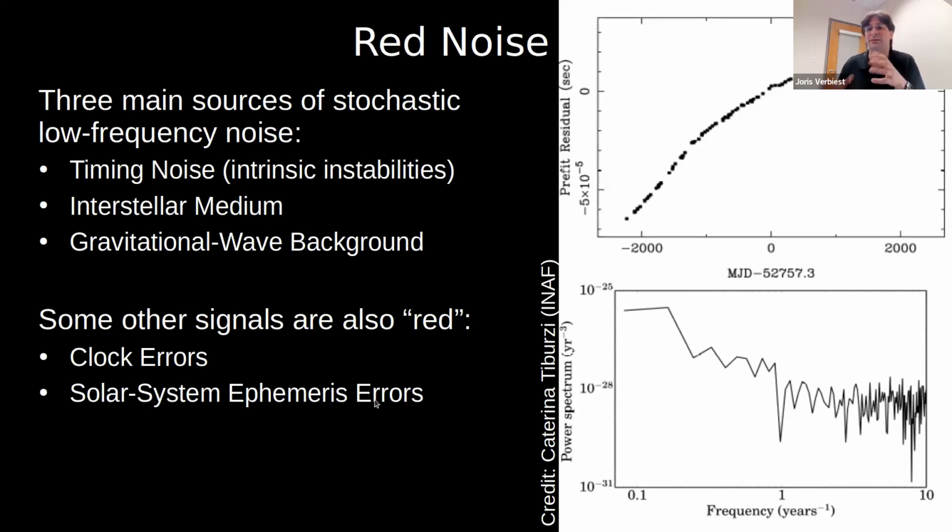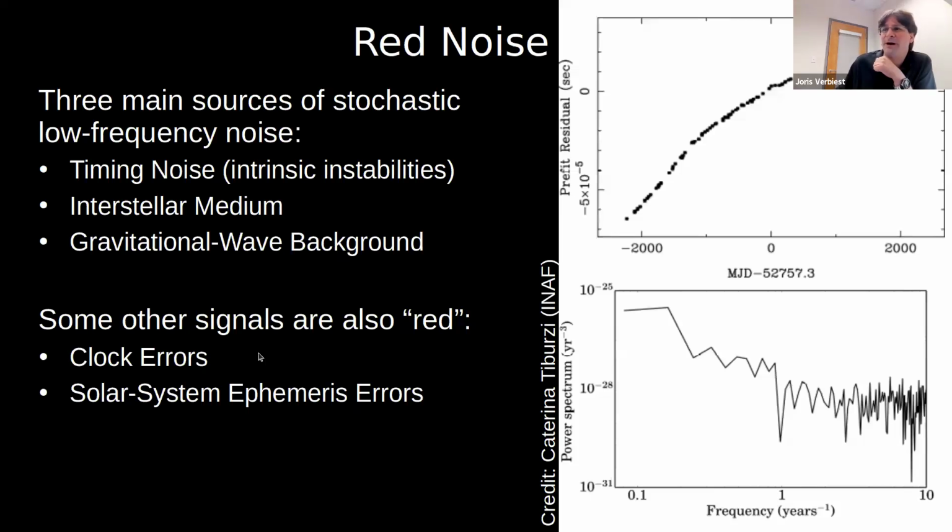Solar system ephemeris errors: that means if we don't know the position of the Earth at the time of the observation, and the Earth is actually moving around a different spot in the solar system than we expect, then half of the sky, pulses would arrive earlier than we expect. The other half of the sky, pulses would arrive later than we expect. And so you get a dipolar correlation in your timing residuals.